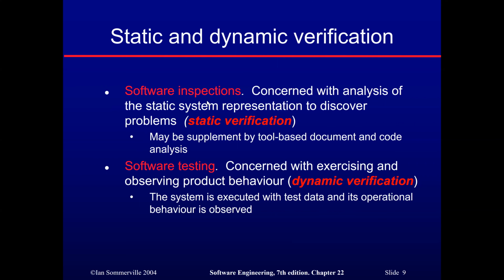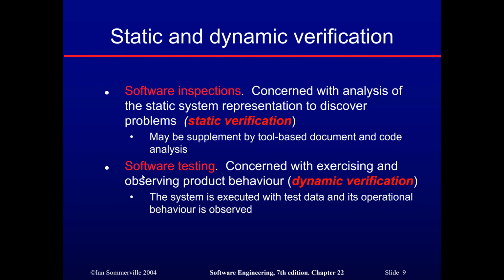Here, you don't run the software. A software inspection is an activity that is performed on the documents of the software product, but not on a running version of it.